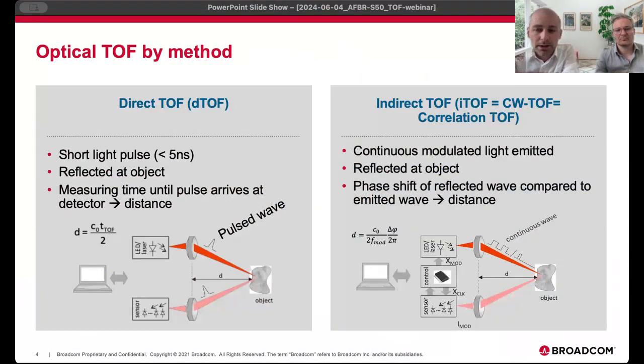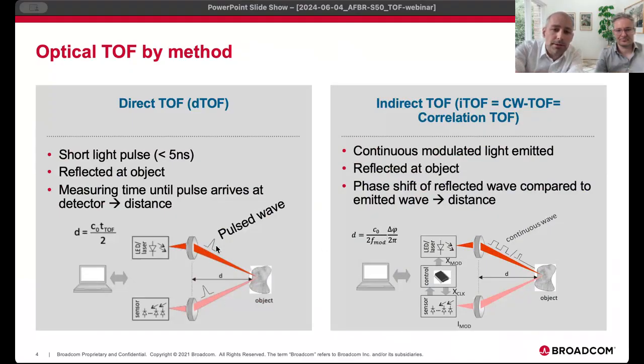Going a bit deeper into the topic, there are two main methods of measuring distances using light. Both can be named LiDAR. First of all, on the left-hand side, the direct time-of-flight method. Here, for example, a very short light pulse with a duration of below 5 nanoseconds is emitted from a laser.